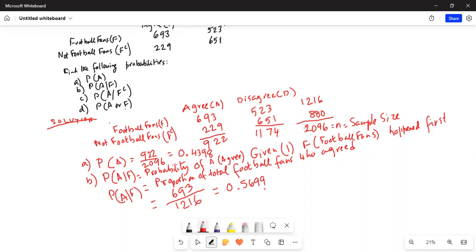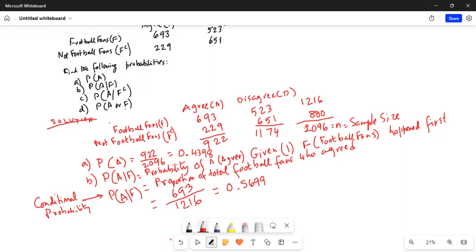This is called a conditional probability. Why conditional probability? Because first F has happened, that is, football fans happened first, and out of them, how many agreed? That's why it is called a conditional probability.